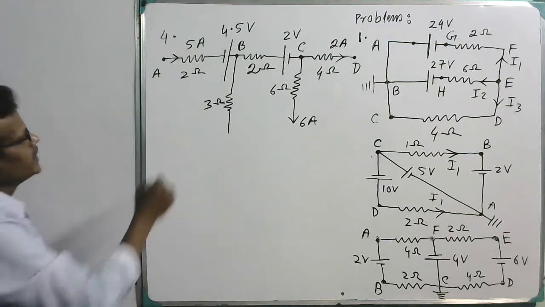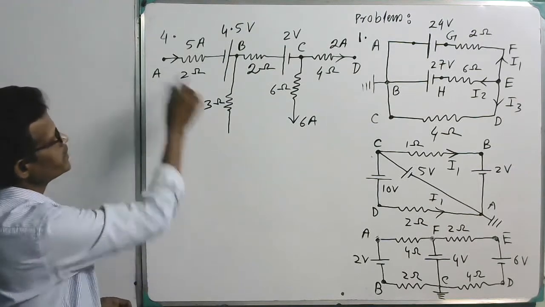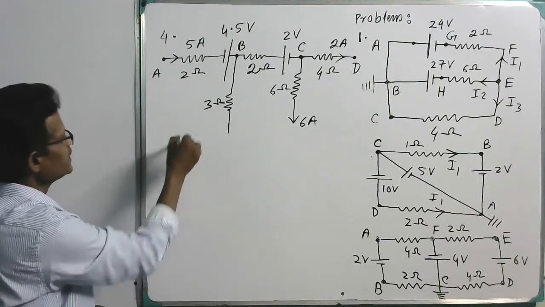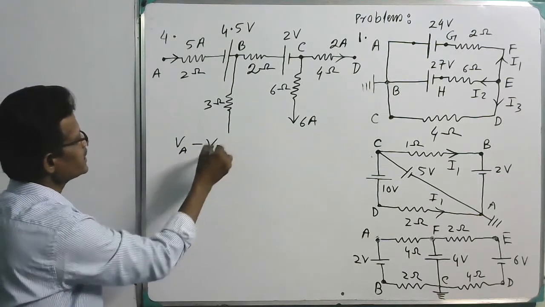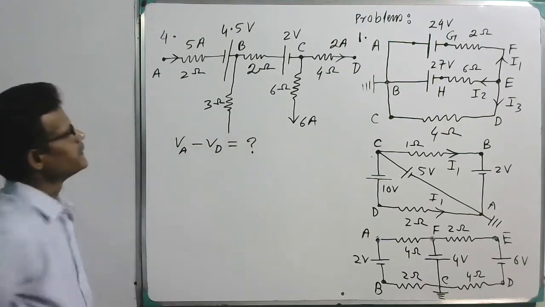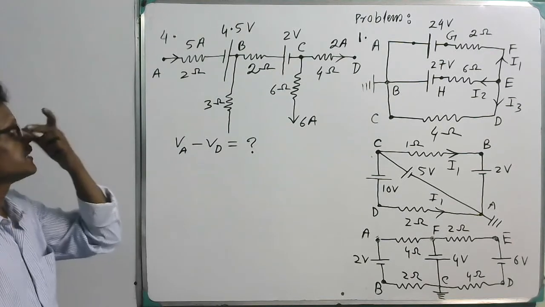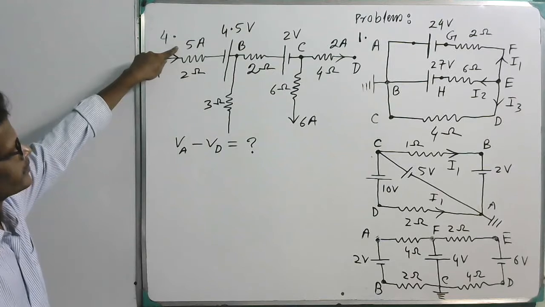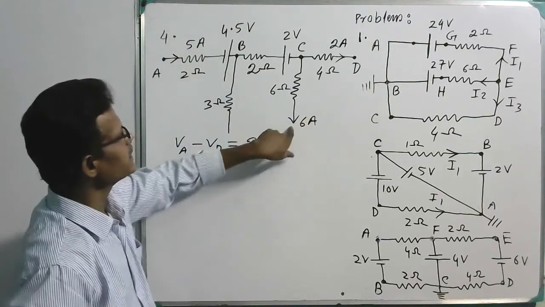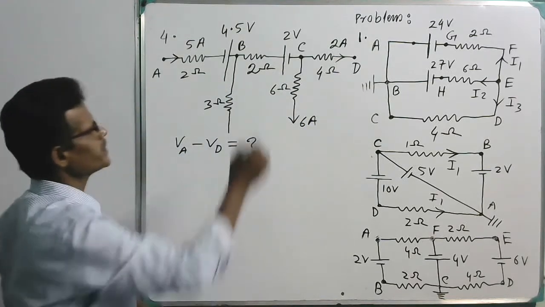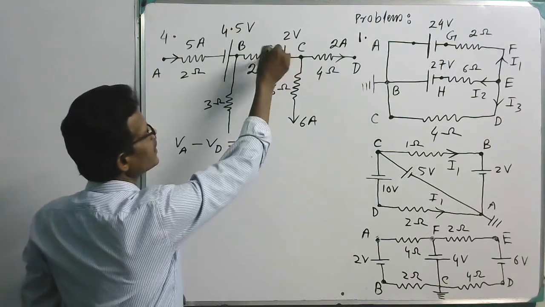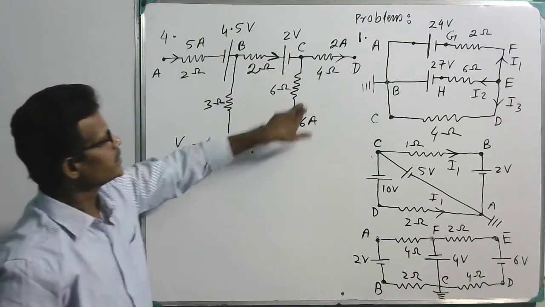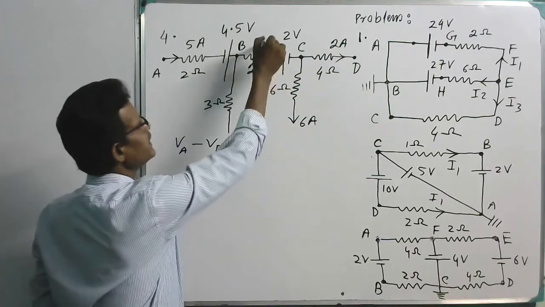We need to calculate the potential difference between points A and D. So what is VA minus VD? How will you calculate this? See, here it is 5 ampere, but here it is 6 ampere and 2 ampere. As per Kirchhoff's first law, current in this branch should be 6 plus 2, that is 8 ampere.